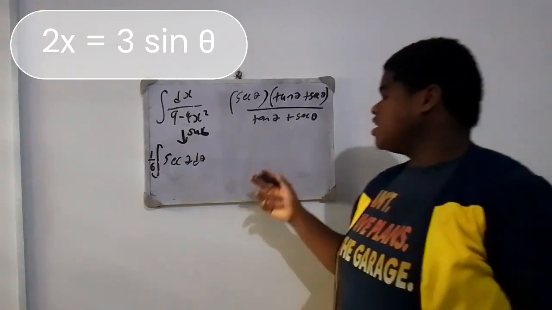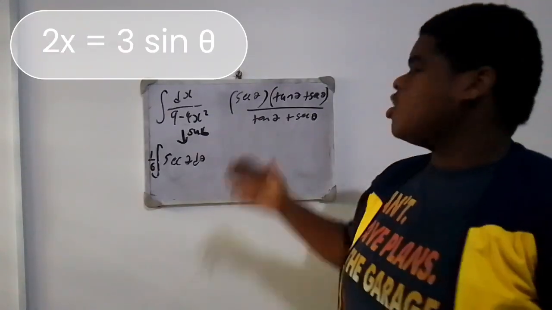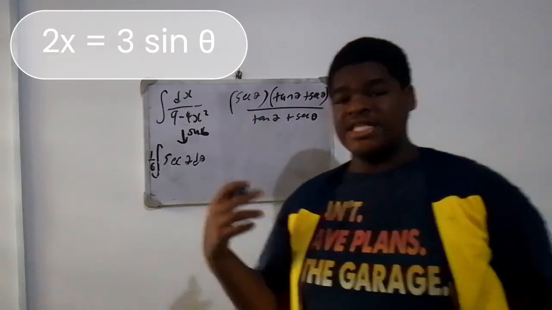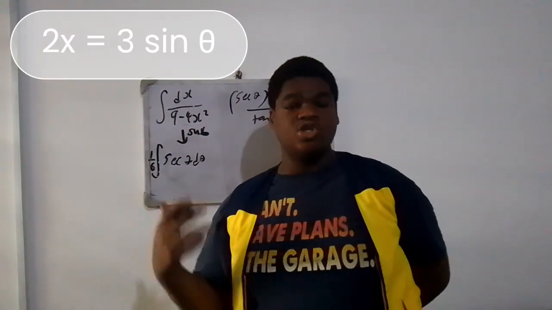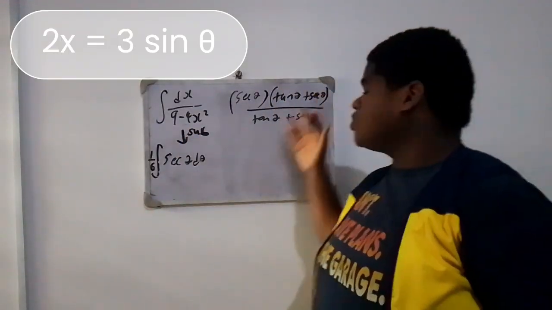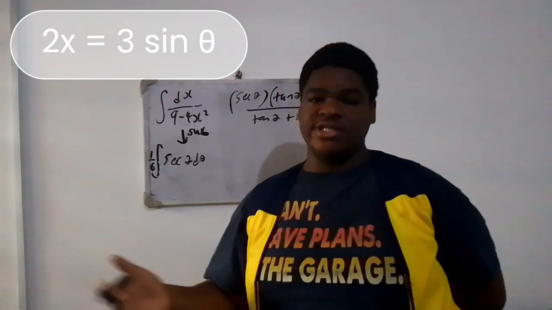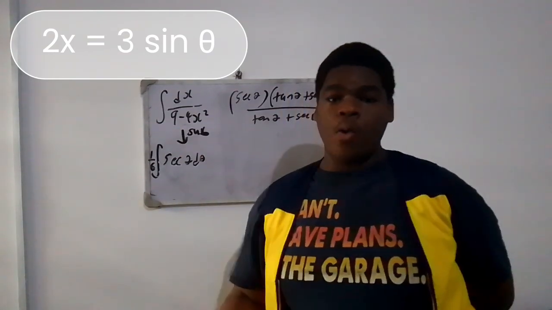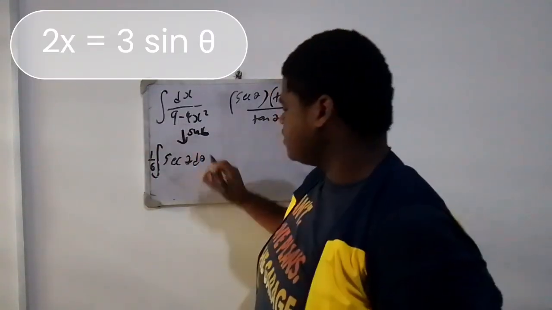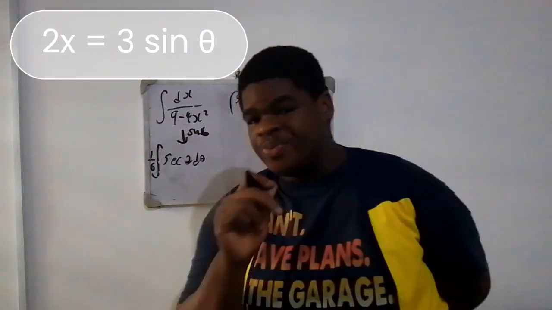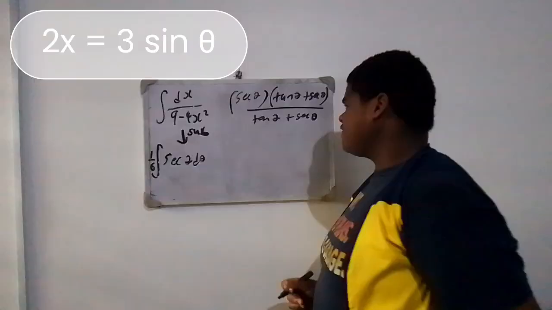Remember that you are multiplying the numerator and the denominator by the same thing. If you are multiplying by x and dividing by x, you still get multiplication by 1, and multiplication by 1 is just the same thing. So all these things that are here are the same as down here, but there's a little bit of difference. Let's look at that difference.